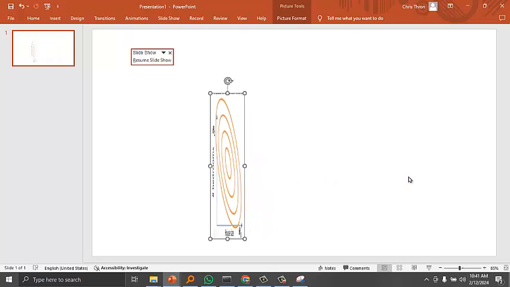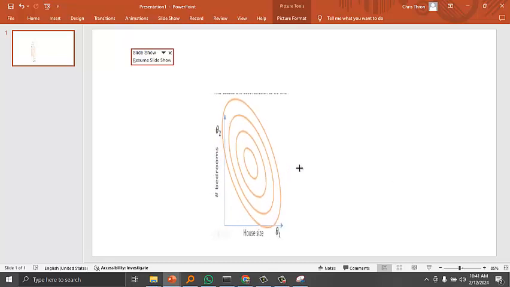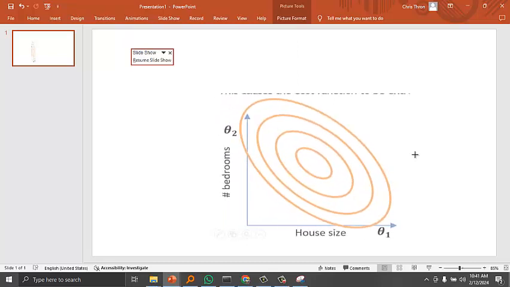So I think that's a more accurate picture of what the cost function is going to look like in the case where house size is measured in square meters, and number of rooms is just measured in number of rooms. Now I want to look ahead: rescaling is basically just stretching this back until it looks fairly circular.